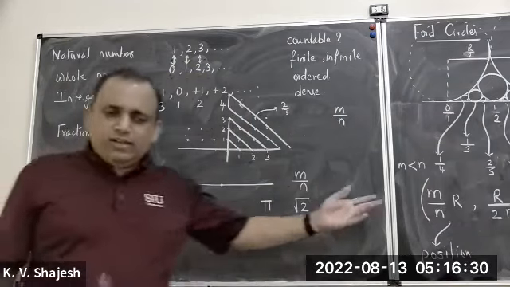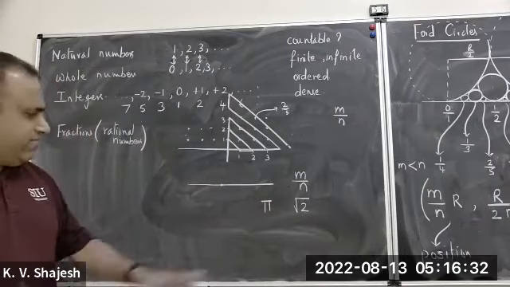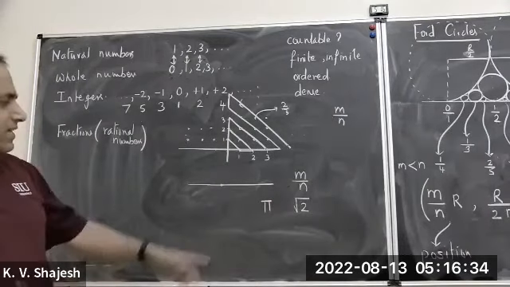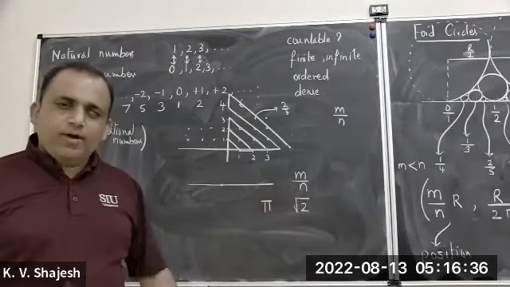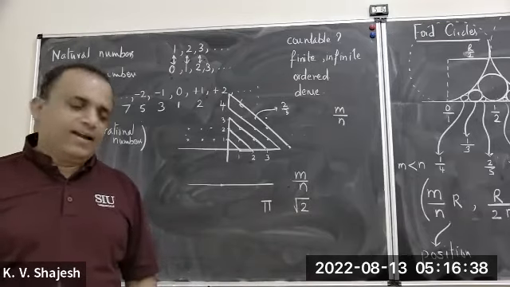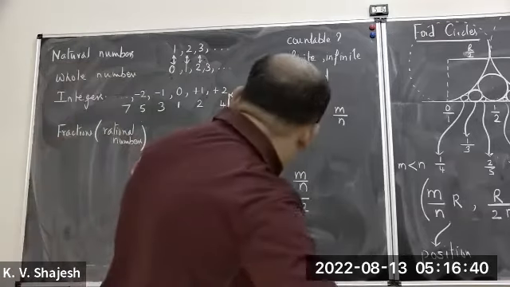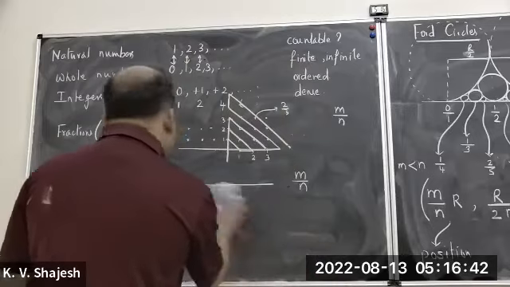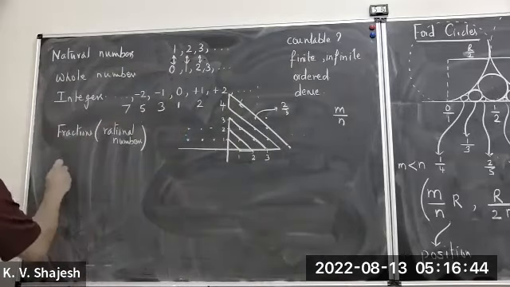So it turns out that there are an infinite number of numbers that cannot be written in this form, and those are called irrational numbers, right? Anything that cannot be written in this form would be called an irrational number.